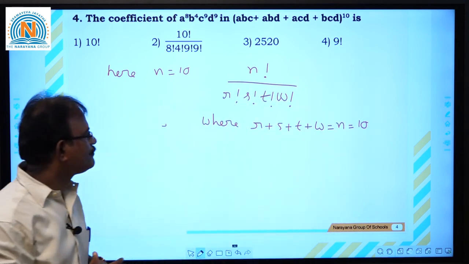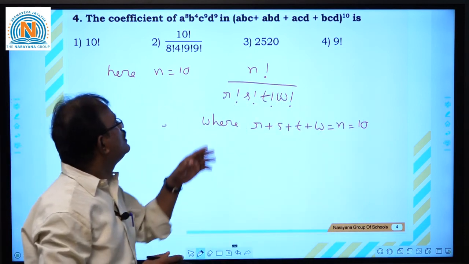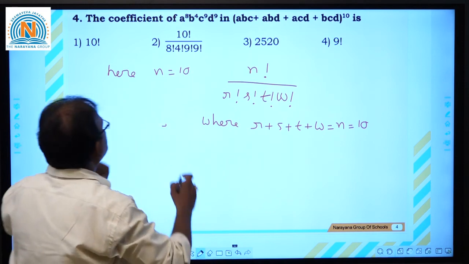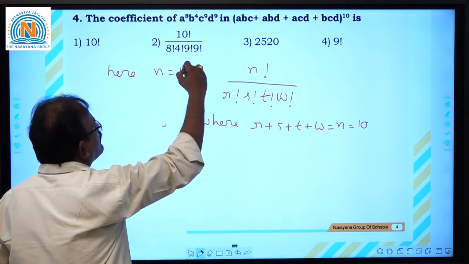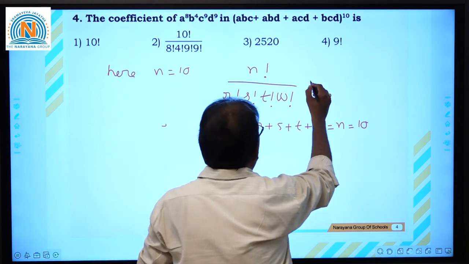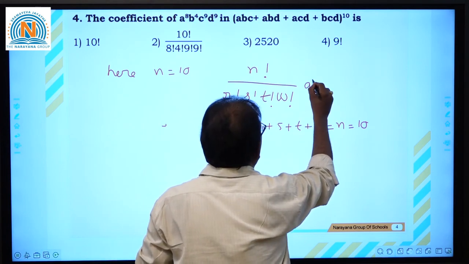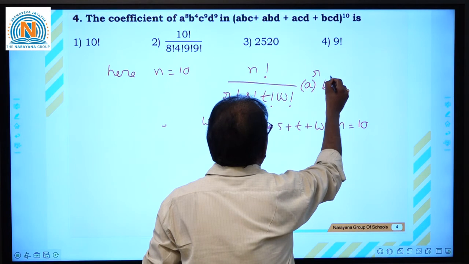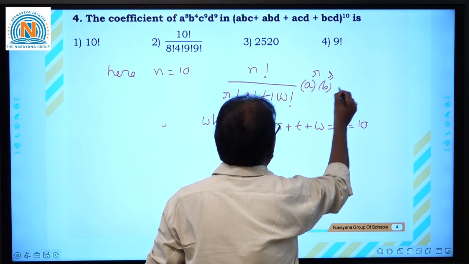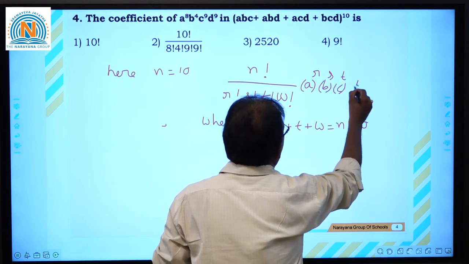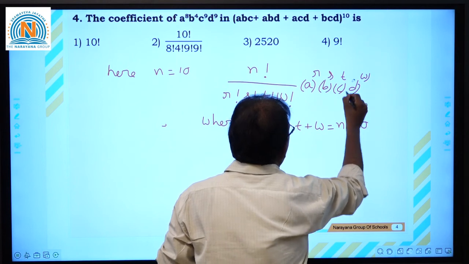So from that, if you are taking the second option, because this is given like a power r into b power s into c power t into d power w in our multinomial.